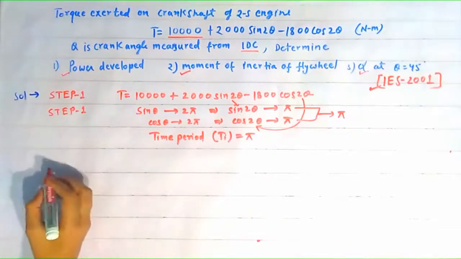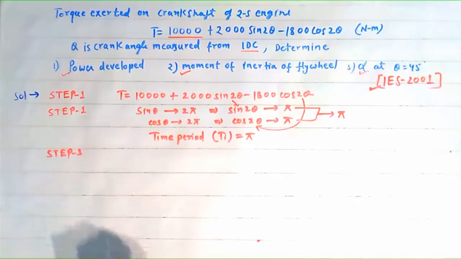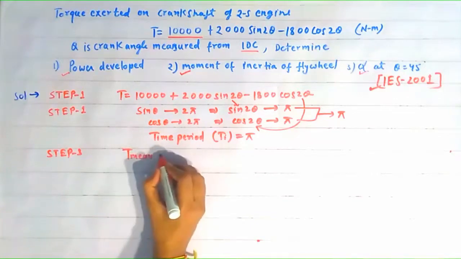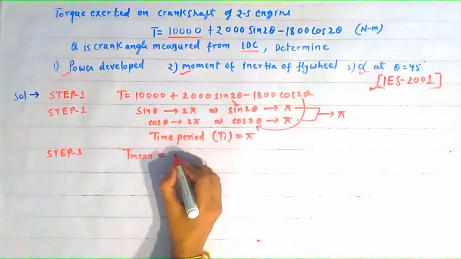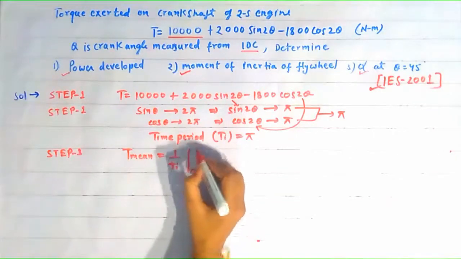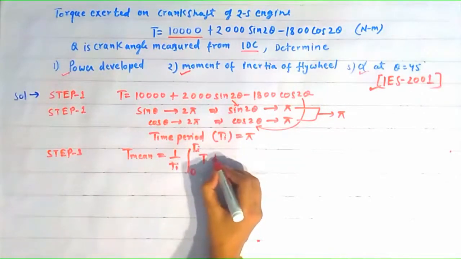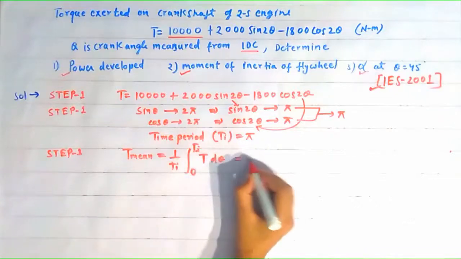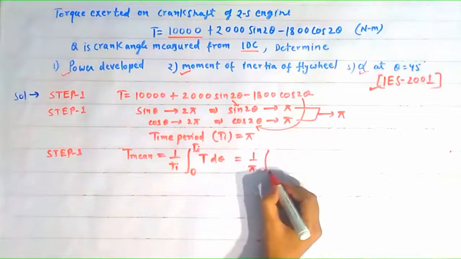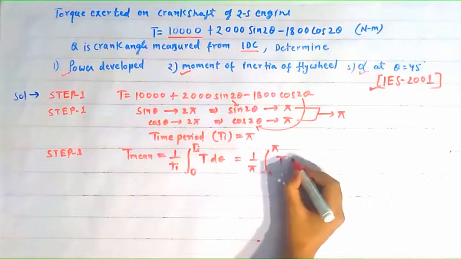Now friends, we will go to step number 3. In step number 3, we will find the mean torque, denoted by T mean. T mean is given by 1 upon the time period Ti, integral from 0 to Ti of T dθ. Now we know that our time period is π, so I am replacing Ti by π and the limits are 0 to π.